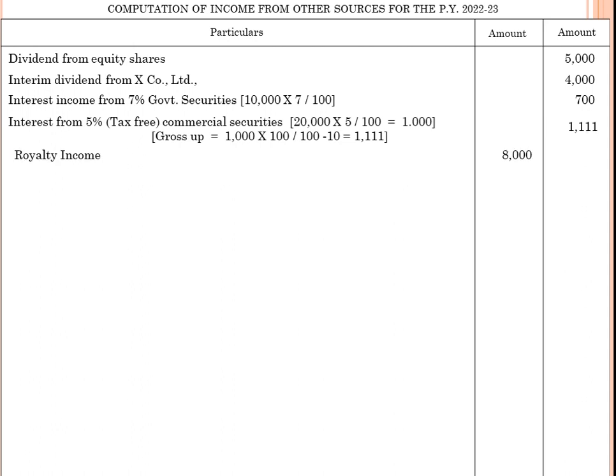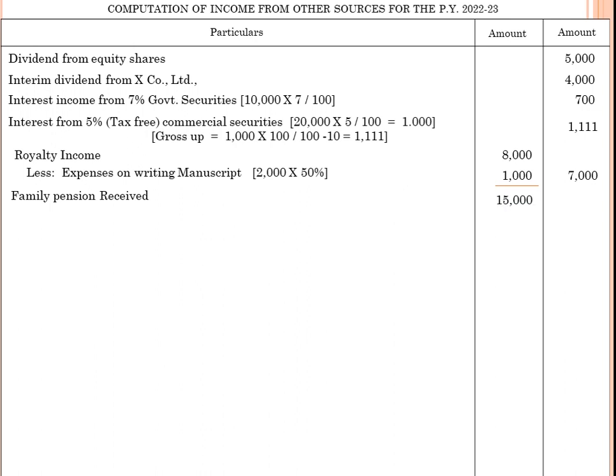Now we move on to the royalty income 8,000, less expenses on writing the manuscript 2,000. As per the ITO, the income tax authority, 50% is allowed as exemption, so 1,000, and the balance 7,000 is taxable. Family pension received 15,000, less one third of the family pension 5,000.